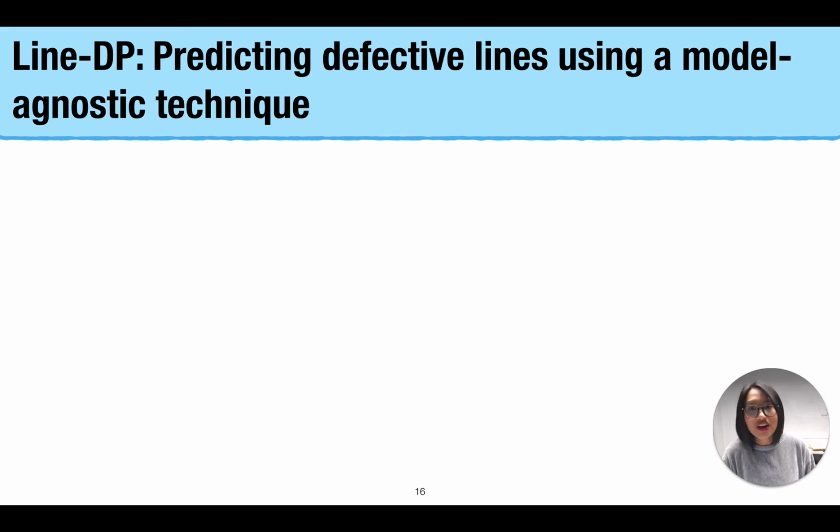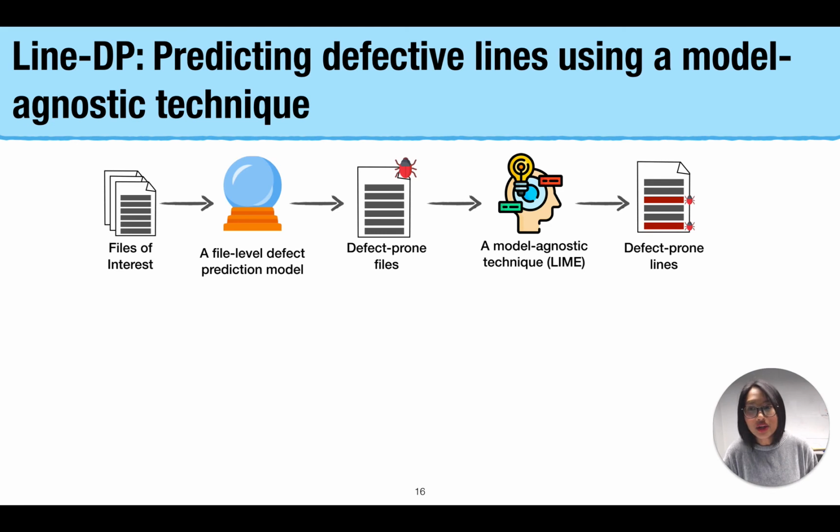And the idea of our approach is actually quite simple. We use a model agnostic approach, or an explainable AI technique, to explain the file level defect prediction model, explain which lines in the source files are likely to be defective.